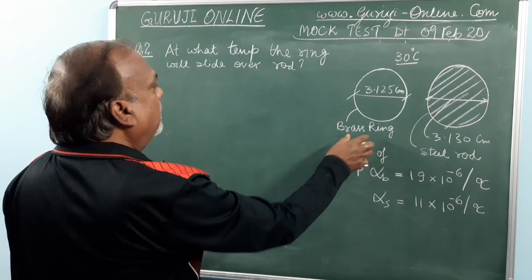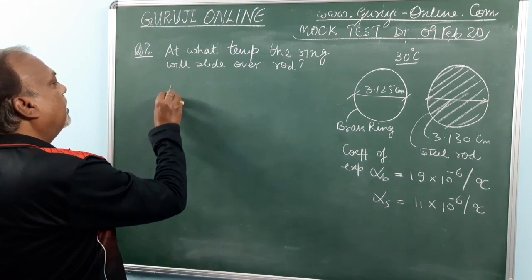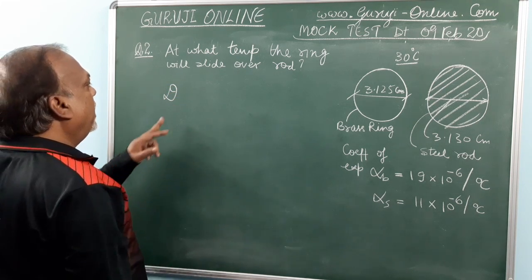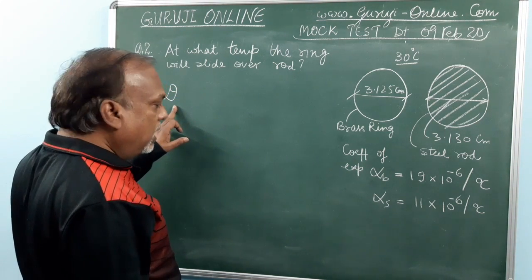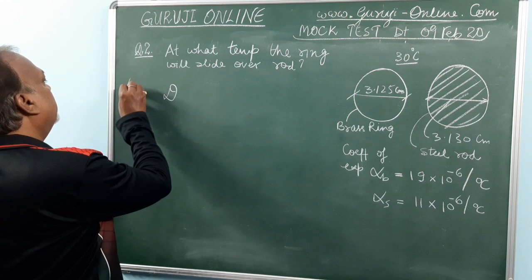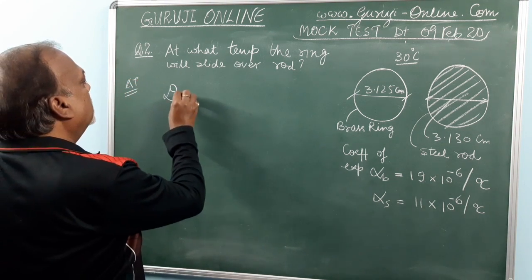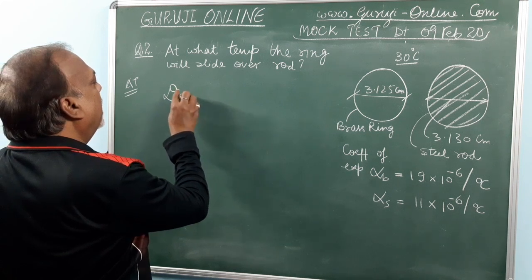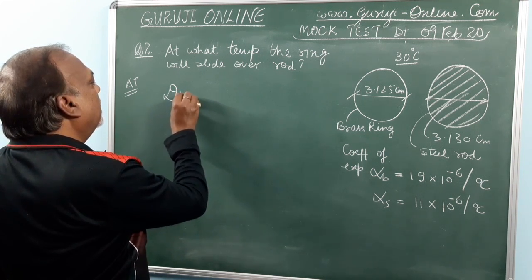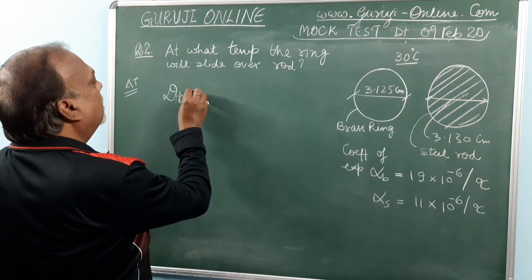For the brass ring, suppose we raise the temperature by delta T, then how much will be the elongation in diameter?